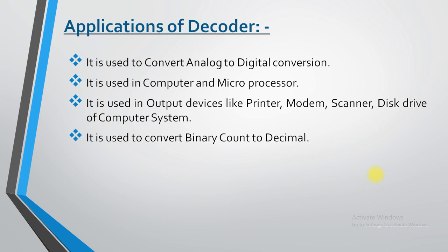So in this particular session we have understood one integrated circuit called the decoder, and we have learned two types of decoder, that is the 2/4 decoder and the 3/8 decoder. This is enough for today's session. In our next session we will learn the encoder, which is the opposite of the decoder.